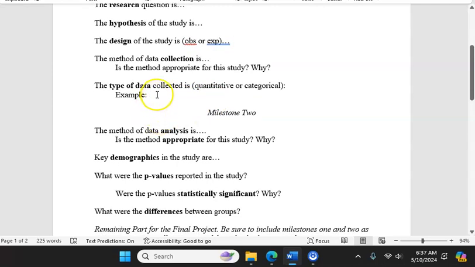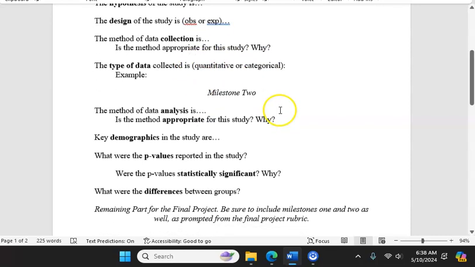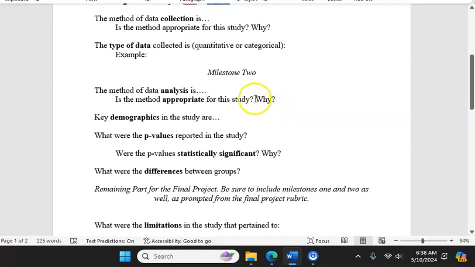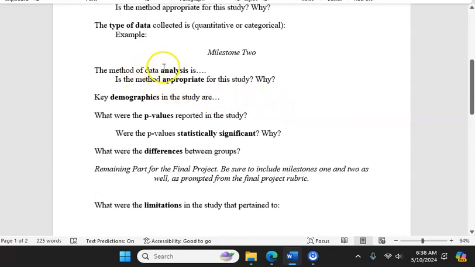And you can give an example of what your reply is. If you said categorical, okay, what's an example in that study that you selected? So you'll be selecting a paper from a list of 3 provided. What's an example of quantitative? Some studies might have both. So that's milestone 1.